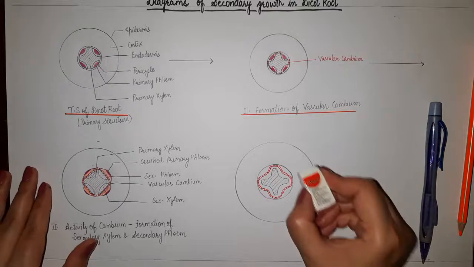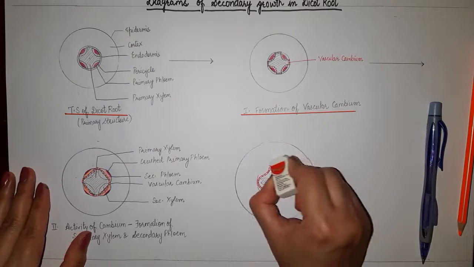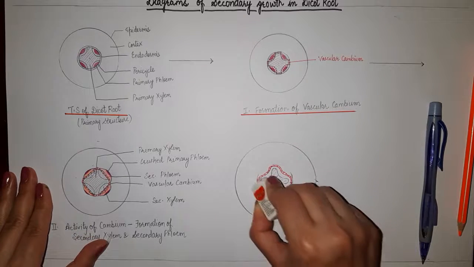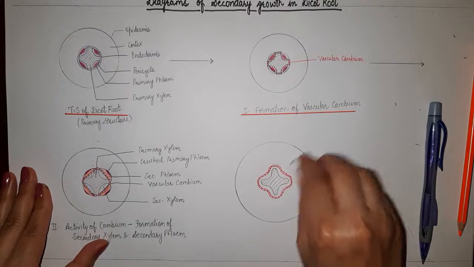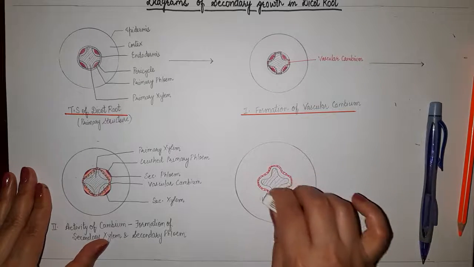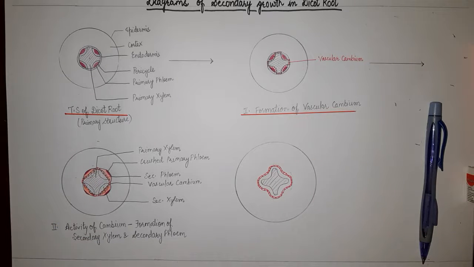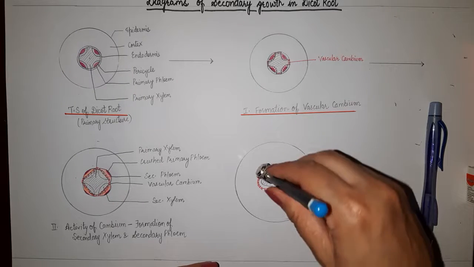Okay, now in order to show some gap, again you erase this line. This was the central part. So, now we can draw a line slightly away from this line. Okay.